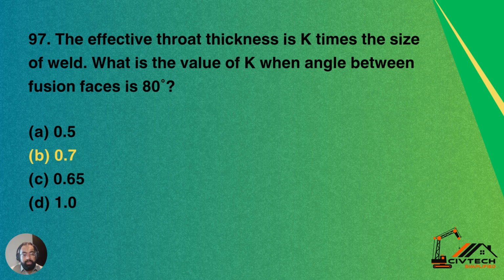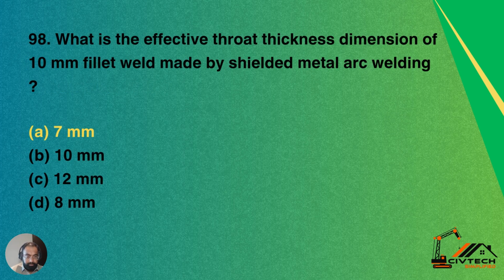Option A 0.5, option B 0.7, option C 0.65, option D 1. So B is the correct answer, 0.7. K is equal to 0.7. The effective throat thickness is equal to 0.7 times the size of weld.